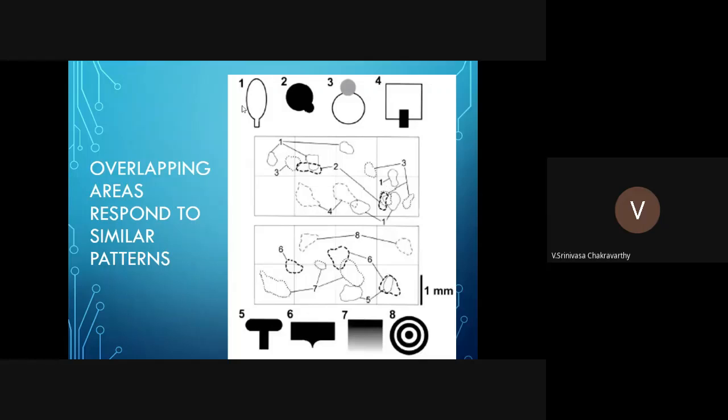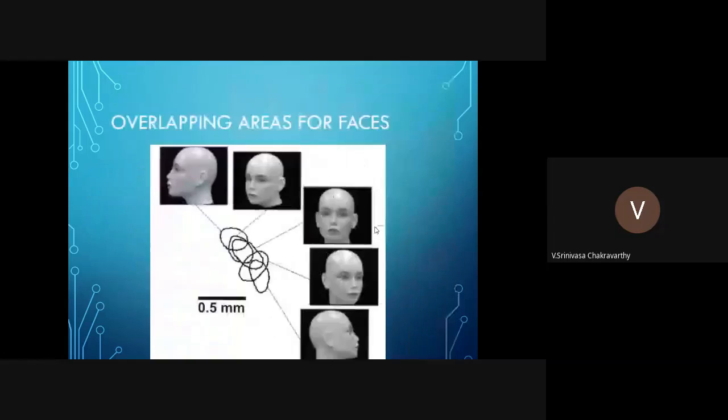Object 1 produces a response over these areas which are linked to number 1 in the second figure from top. Object 2 is producing activation in areas connected to object 2, with a dotted border. You see that objects 1 and 2 look similar, and even in terms of responses, there are some neurons which respond to both object 1 and 2. So there's an overlap, and so on and so forth. You see that nearby neurons respond to similar objects.